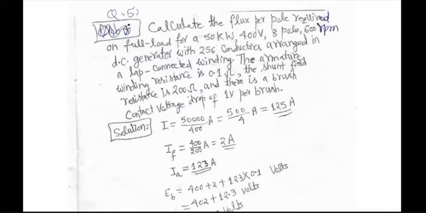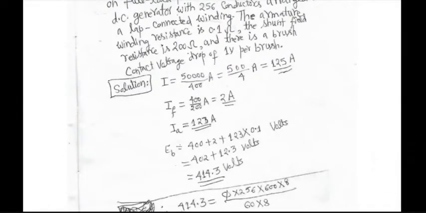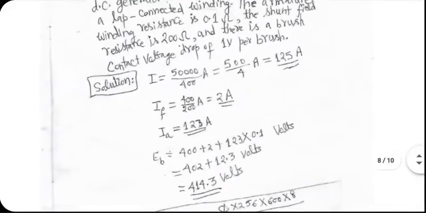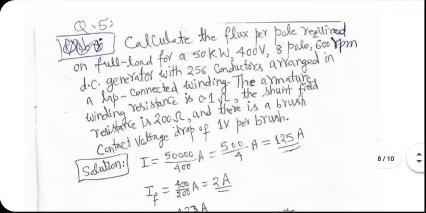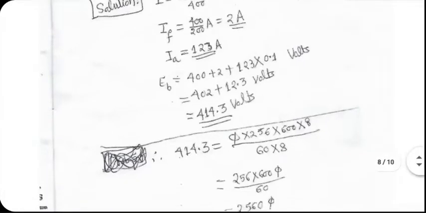What is shown here is the case of a motor, not the case of a generator. So IA will be 127 amperes. Okay. And then EB, of course, is 400 plus 127 multiplied by 0.1. 0.1, I think, is the resistance of the armature. So the value for EB will come out from there. Sorry, I forgot to make this correction in this document.